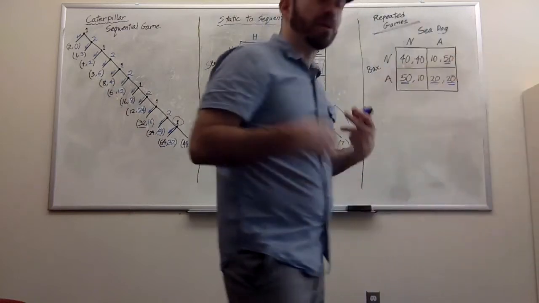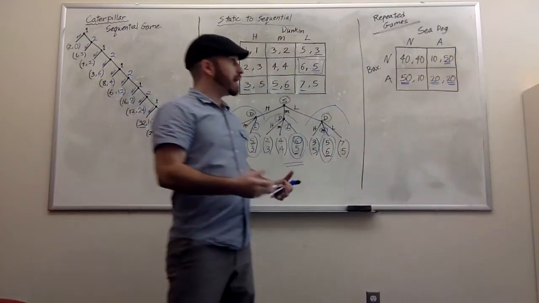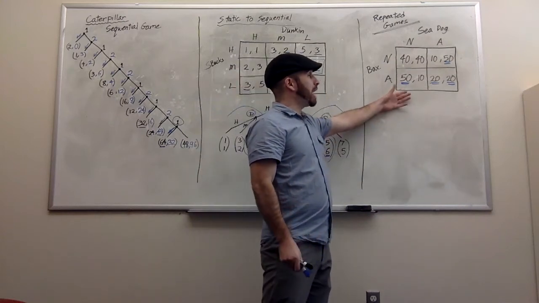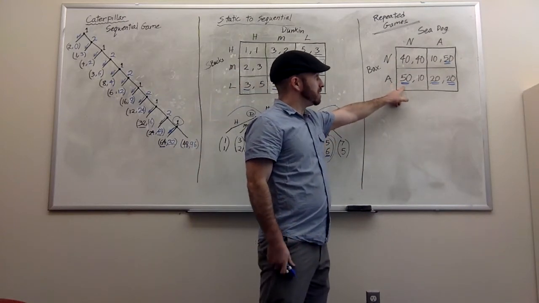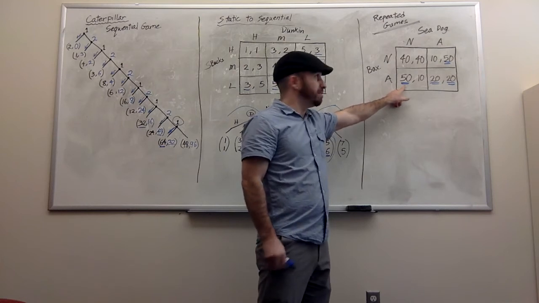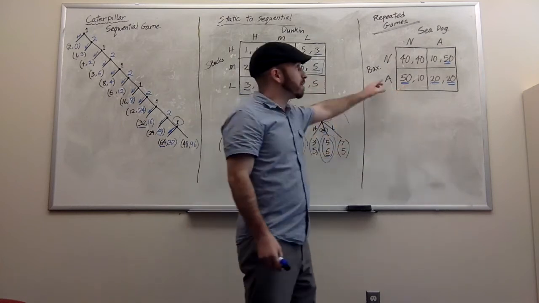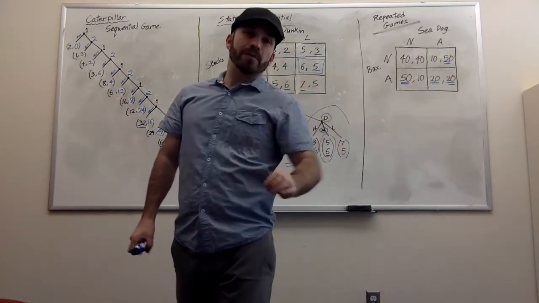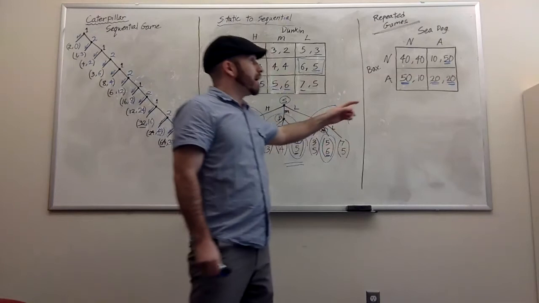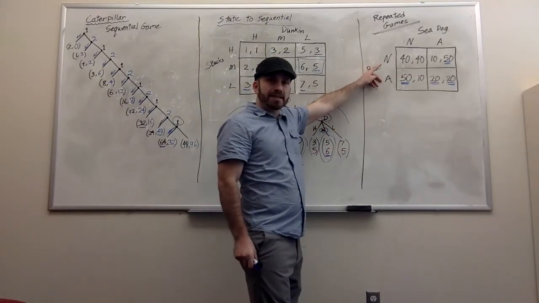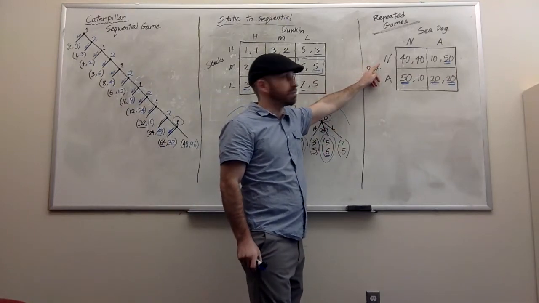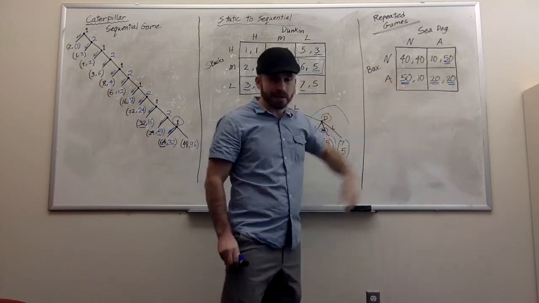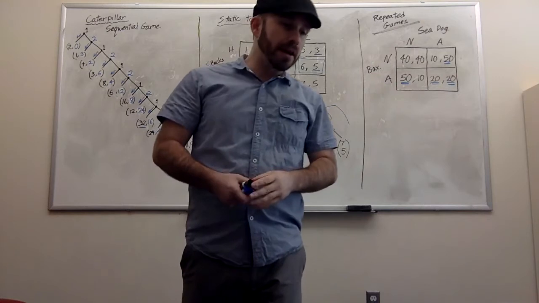However, if this is a repeated interaction, then maybe there is, right? In a one-off thing, I would deviate and choose the 50 because that's more profit for me. But if I know that in the following period we have this exact same interaction, so suppose these are monthly profits of 40,000 or 50,000 or 20,000, right?